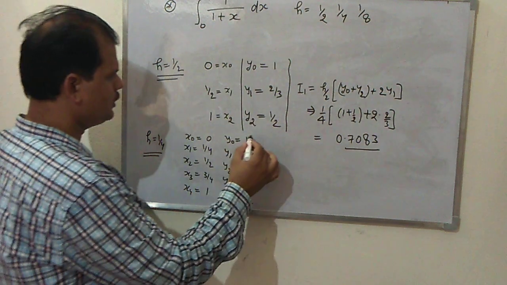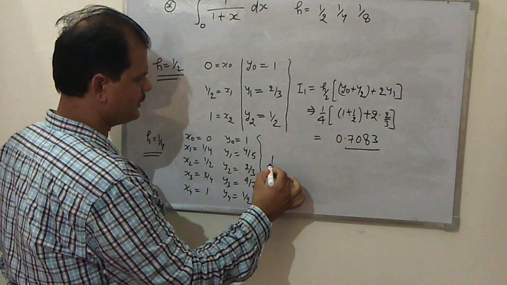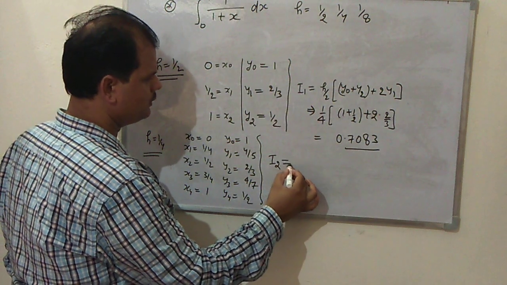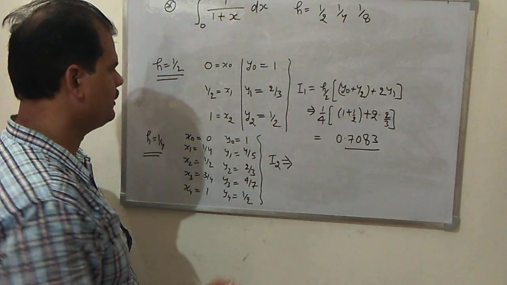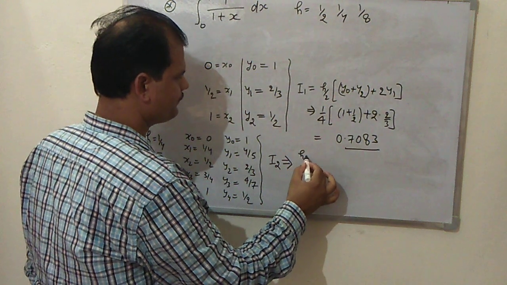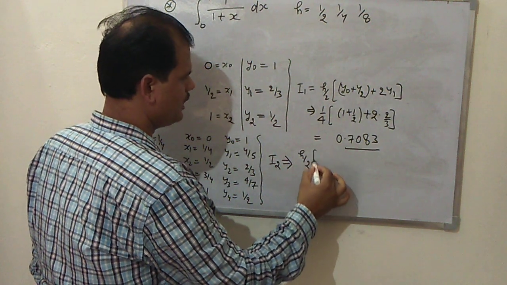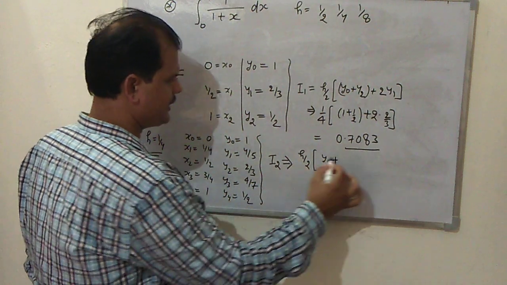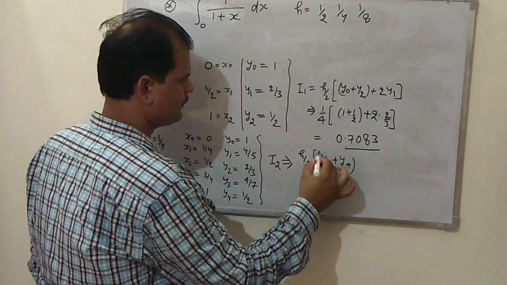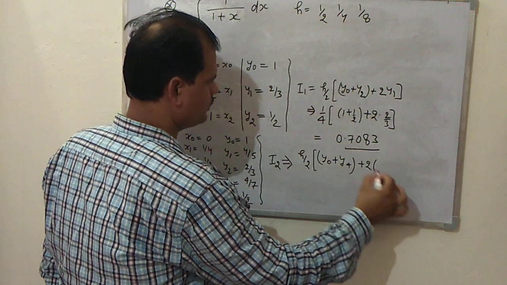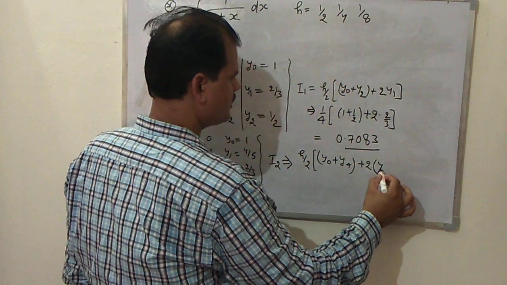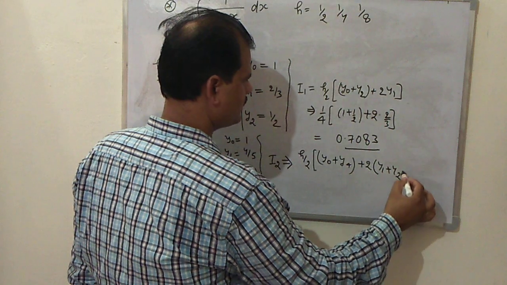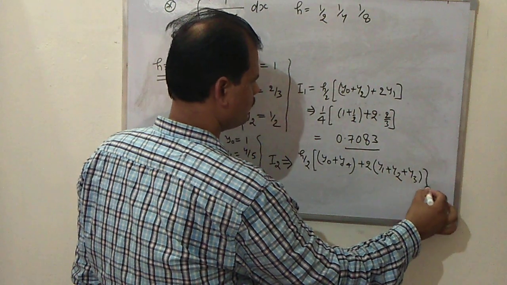Now using this, we can find I2. So I2 will be h by 2 times the first function y0 plus the last function y4, plus 2 into the remaining points, y1 plus y2 plus y3.